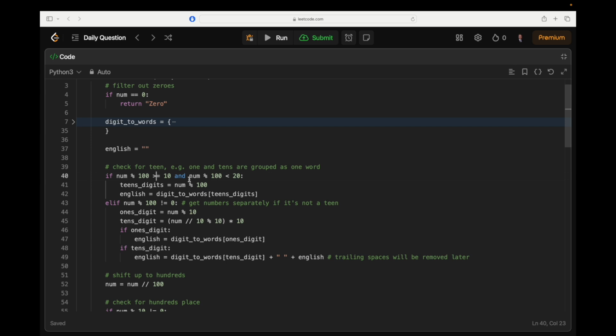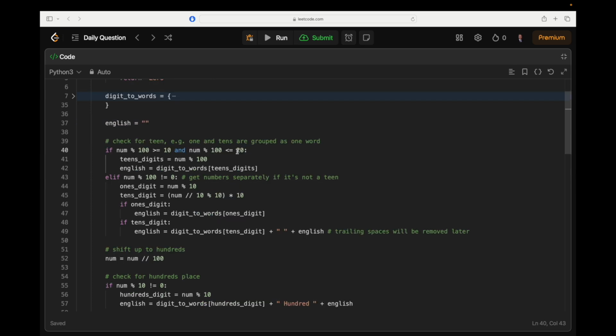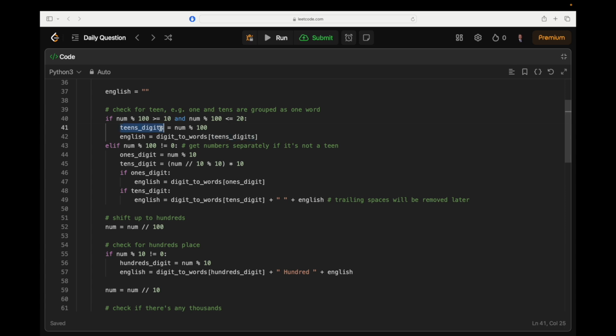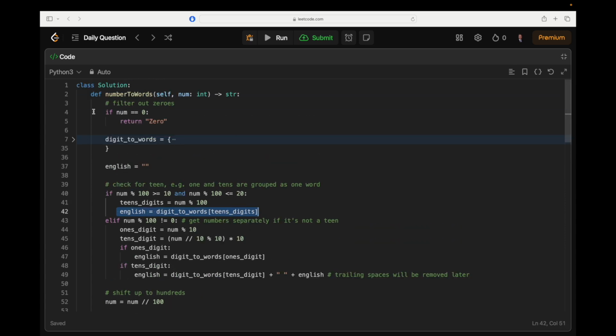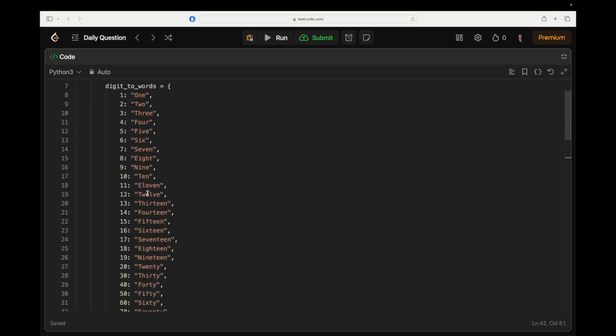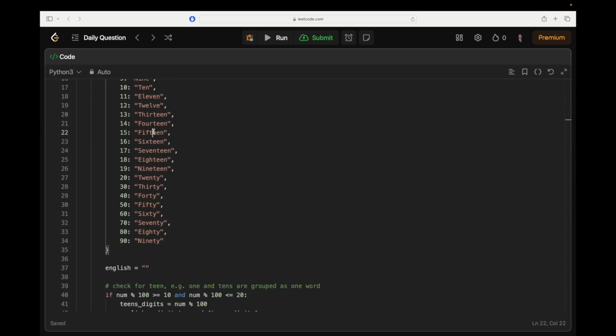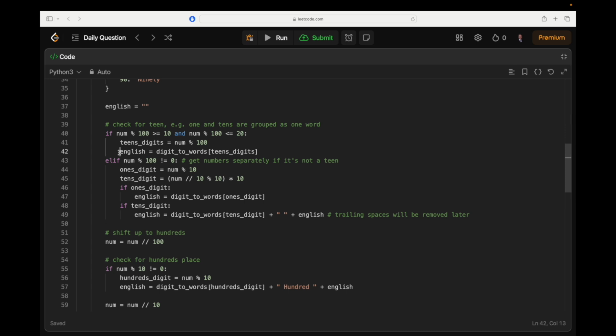I guess for that matter, we could just put this as less than or equal to 20, but that does not make a difference, because if it's 10, then there's no ones place, and if it's 20 on the nose, then there's no ones place. Regardless, we take the teens digit, which is those first two numbers together, and we access the dictionary. So if the first two numbers are 15, then we would plug 15 into this and we get fifteen, and then we start that as our English word. Okay.